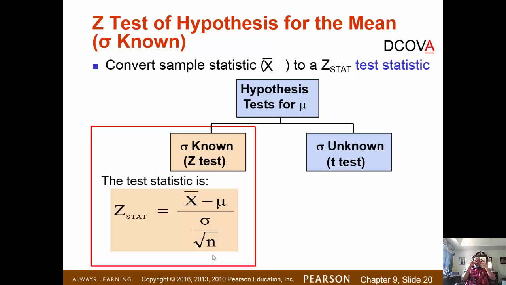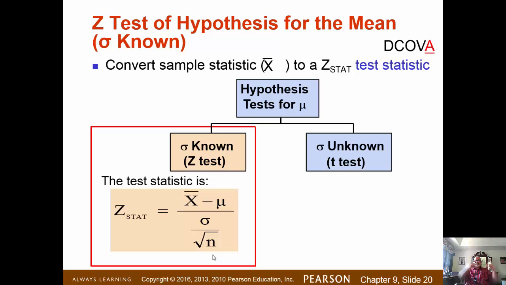Now if the z stat is far enough, we have to establish a critical value for the z stat. If the z stat value falls outside the critical value, and that critical value will depend upon the level of confidence or the significance level, the probability of type 1 error that you're willing to tolerate, that's your alpha. So for a given alpha you find the z table value, and that would be your critical value.